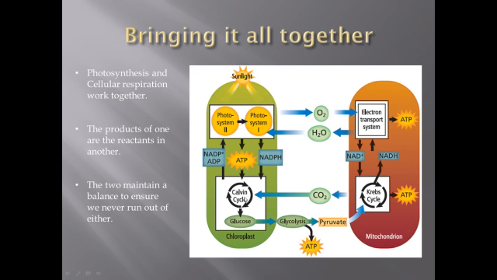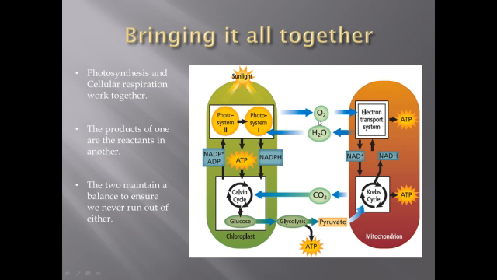These 2 processes, photosynthesis and cellular respiration, work in balance with each other. Plain and simple. And if we didn't have one, the other couldn't survive. It's amazing how awesome this process is and how it works so well. So don't forget, photosynthesis works together with cellular respiration to keep everything essentially in balance.